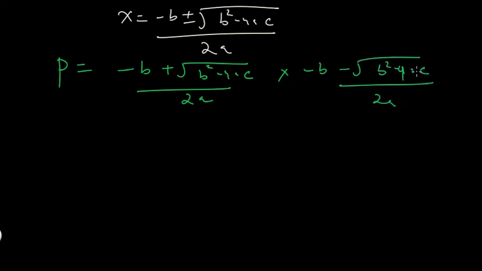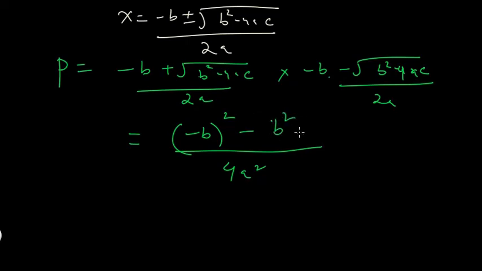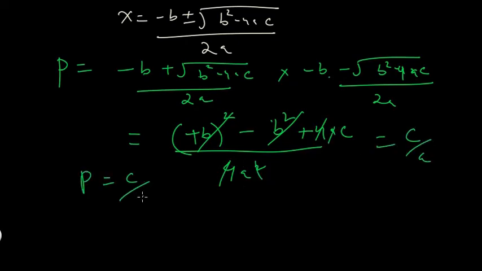Now if we multiply, the denominator becomes 4a square. The numerator is of the form (a plus b)(a minus b), which means a square minus b square, so the root is cancelled and it becomes b square minus 4ac. Minus times minus, the square of any number, is positive. So it's b square minus b square cancels, 4 cancels, a cancels, and it becomes c by a. So the product is c by a.